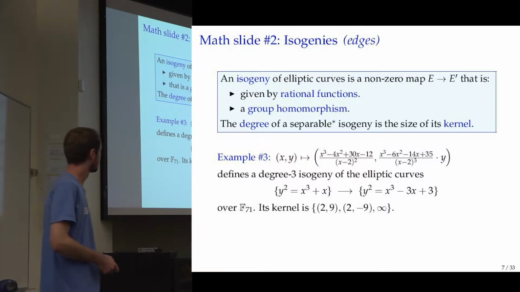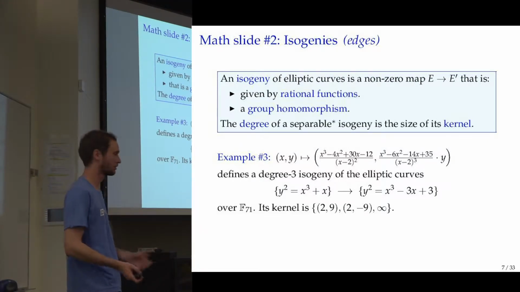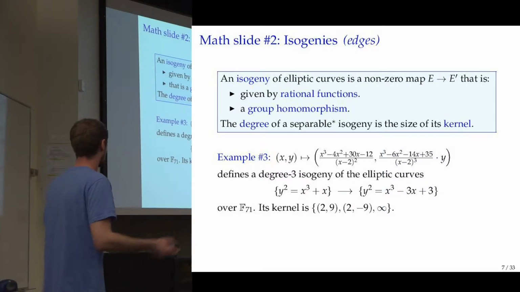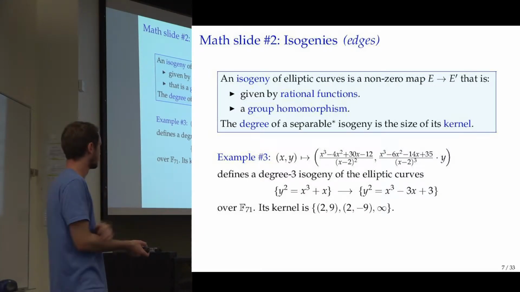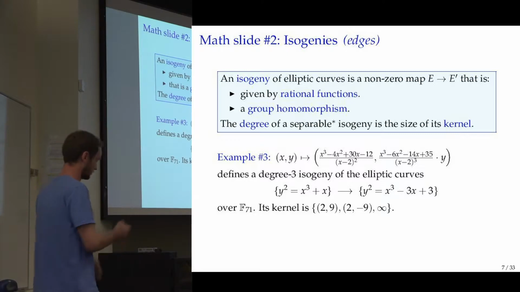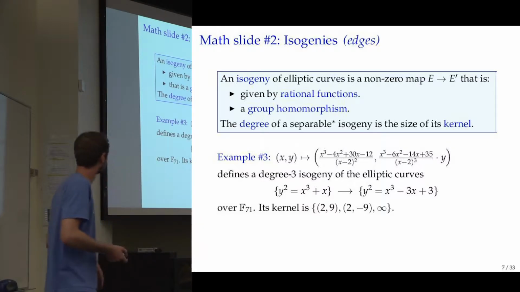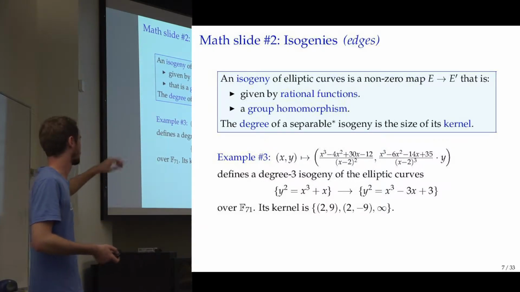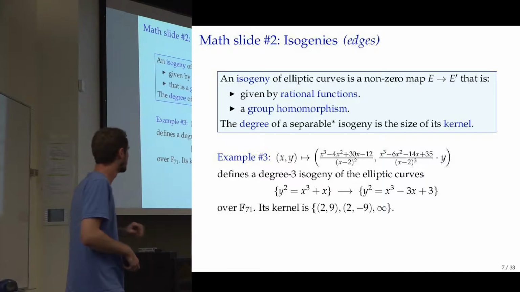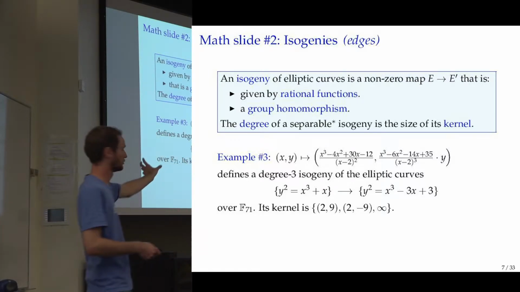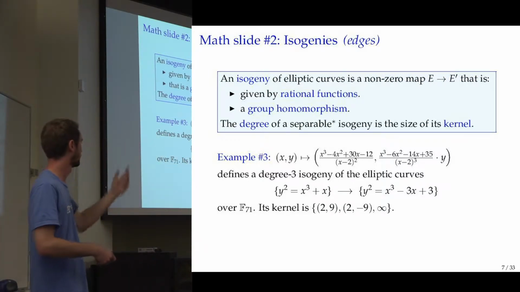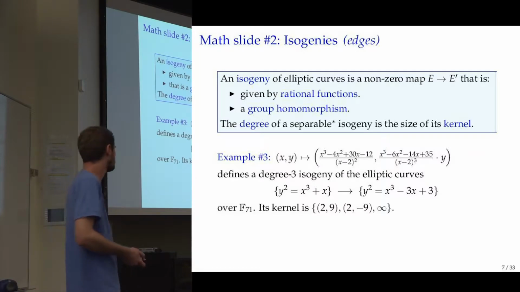Last example, this is a more typical isogeny, just a random looking isogeny between two curves. It has degree 3 because if you look at the denominators of this equation, you can figure out that the only points that actually have 0 in the denominators are the 2 points with x coordinate 2 and the additional point that's always mapped to infinity.